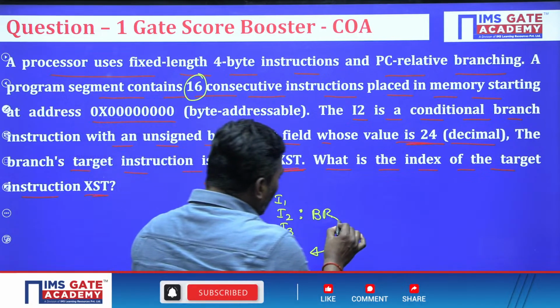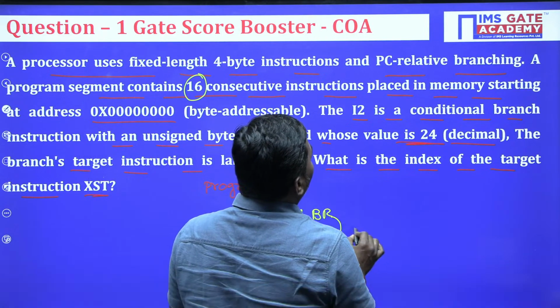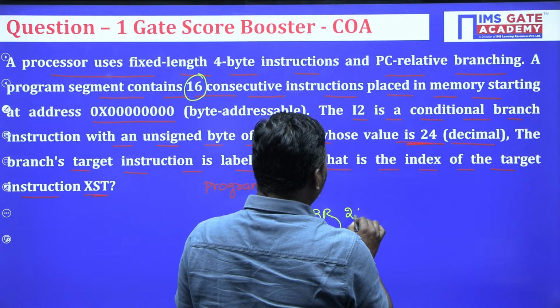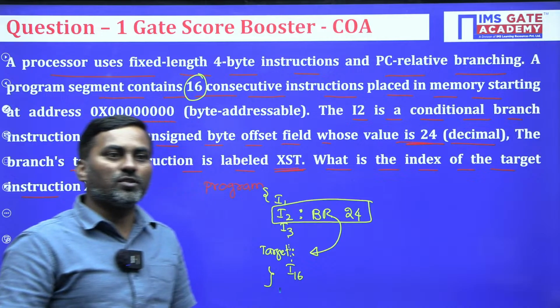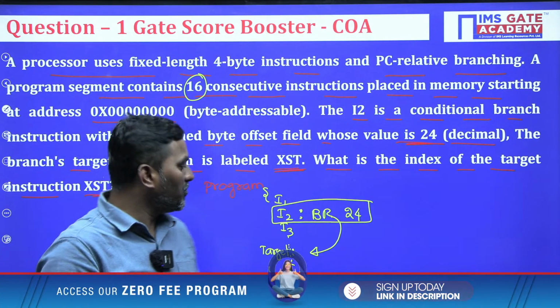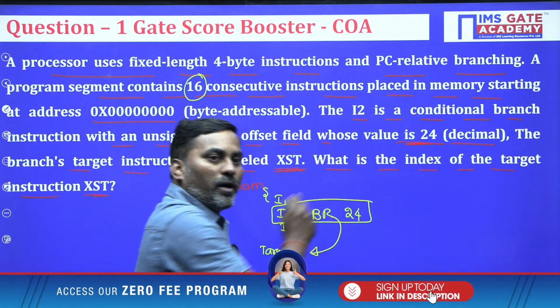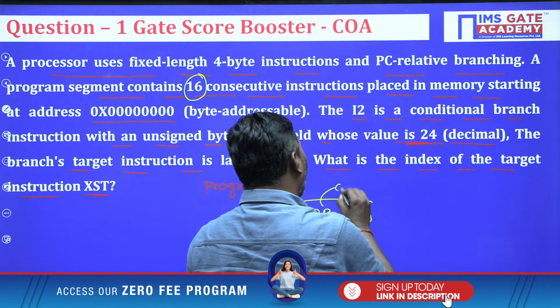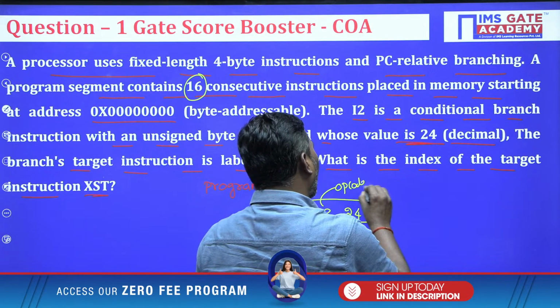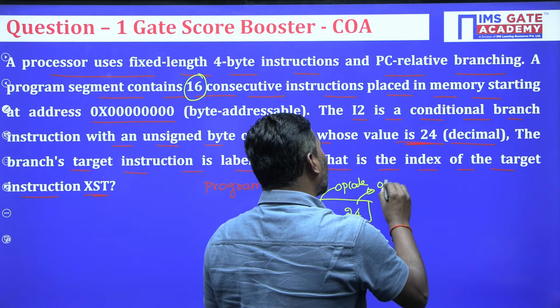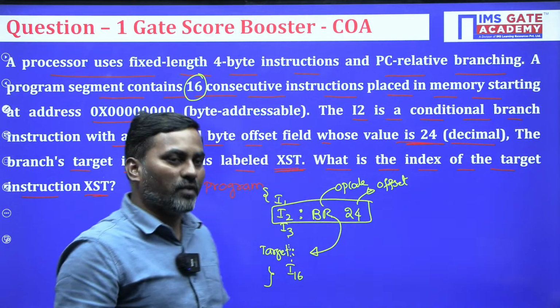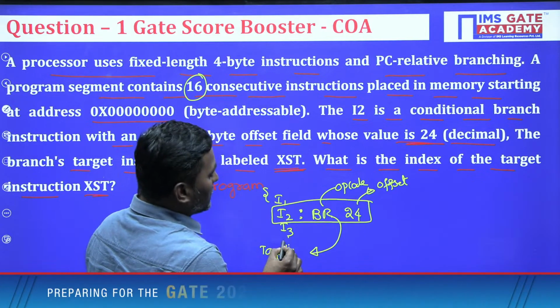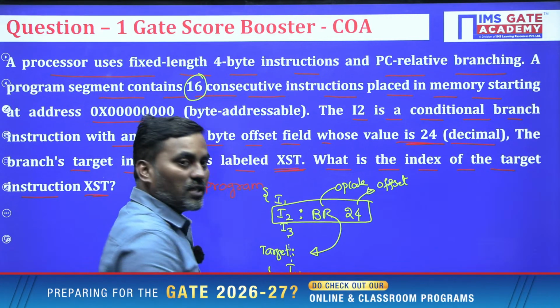In this branch instruction, the branch is followed by an offset value of 24. In the instruction I2 format, you can see the opcode followed by the operand field, which is nothing but the offset value, 24. I3 is the next sequential instruction, then I4, and so on, up to the last instruction I16.